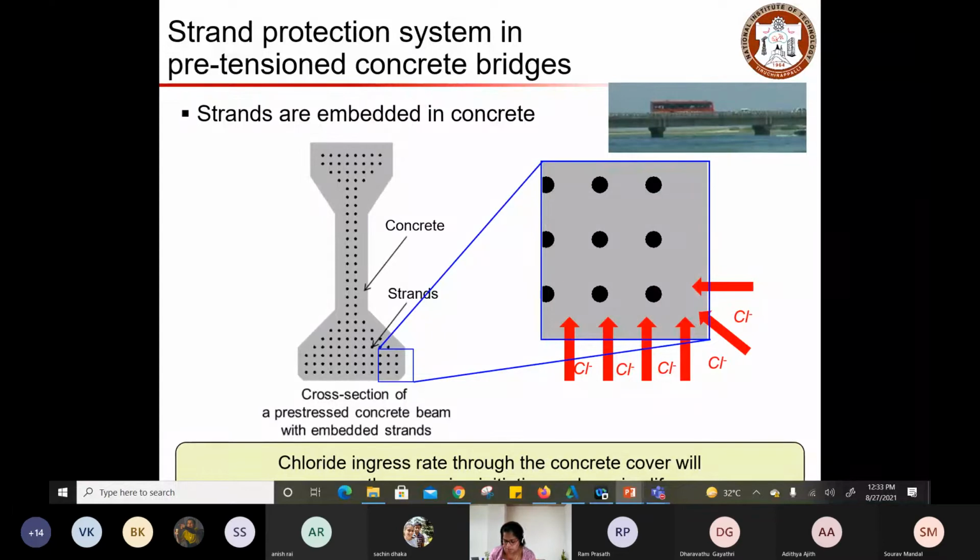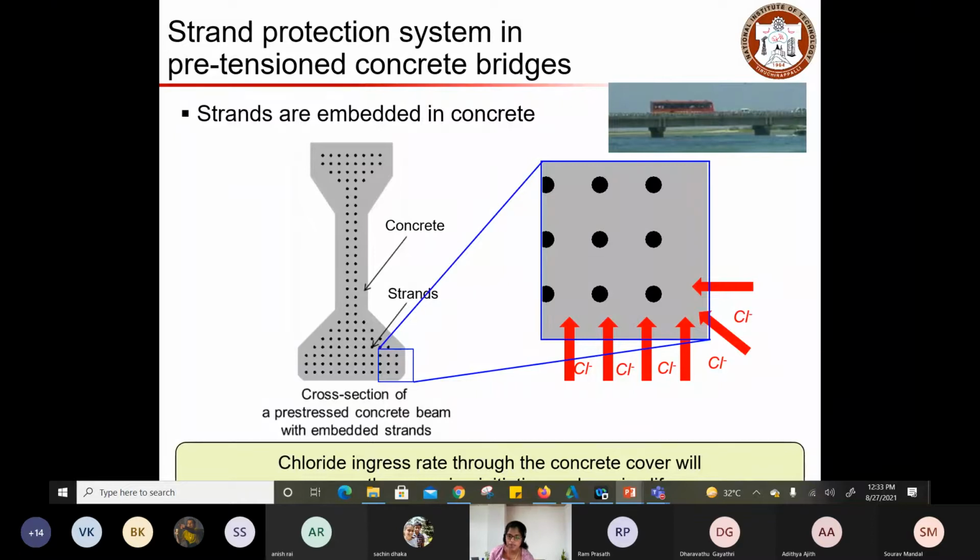When we have such systems, it is very important to provide proper strand protection to ensure long-term behavior. Compared to conventional steel structures or conventional reinforced structures, pre-stressed concrete structures are very critical from a corrosion point of view.